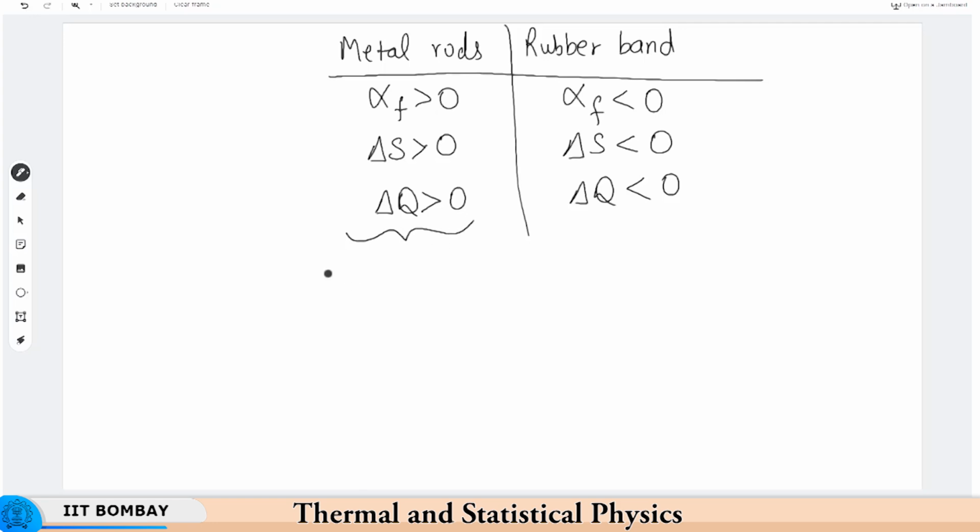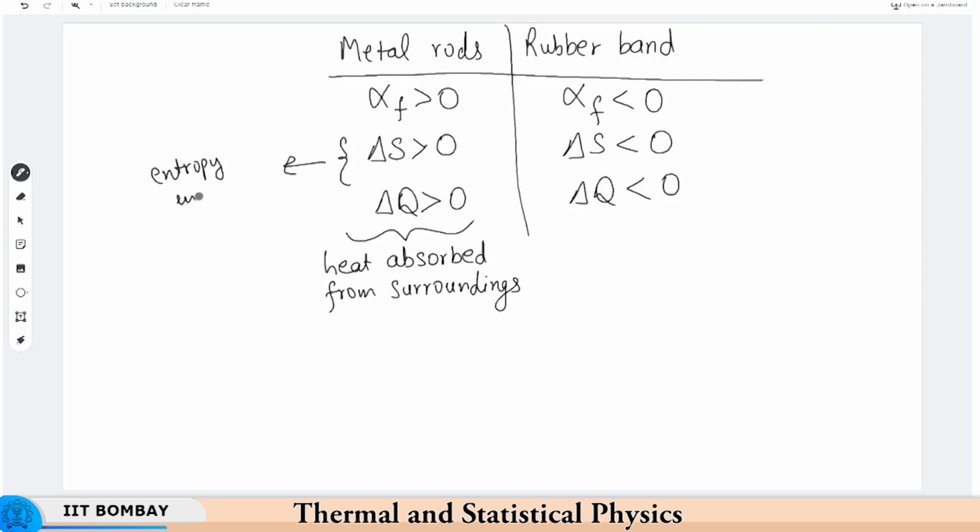If the rod is absorbing heat, that is why it has a positive sign. So, heat is absorbed from the surroundings, and similarly the entropy increases. On the other hand, with the rubber band, because alpha f is negative, heat is released to the surroundings.